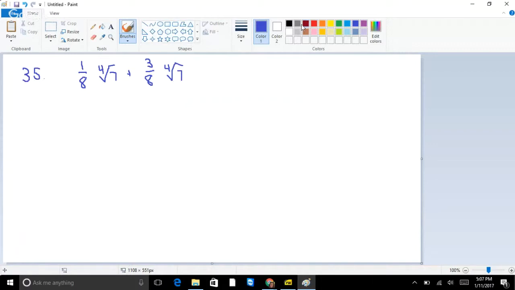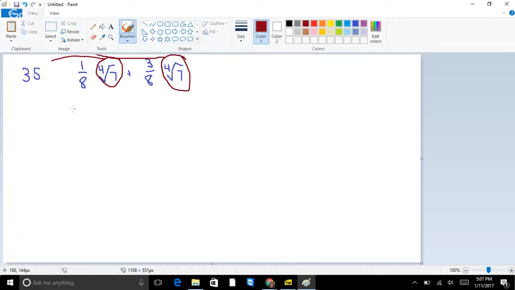So what you'll notice is, thankfully, both terms share the 4th root of 7. They both have that in common, right? And for those of you that know me, my favorite property is the distributive property, but we can also undistribute these. We can pull these out of each term, right?